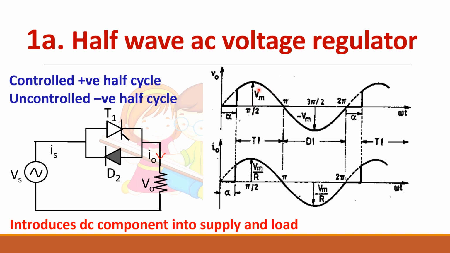This introduces a DC component into the supply side as well as the load side. So this circuit is rarely used, because our output waveform should always be symmetrical. Both positive and negative half cycles should be symmetrical so that you can reduce the harmonics. When both are symmetrical, even harmonics become zero.